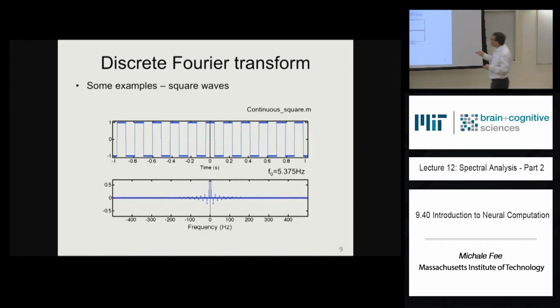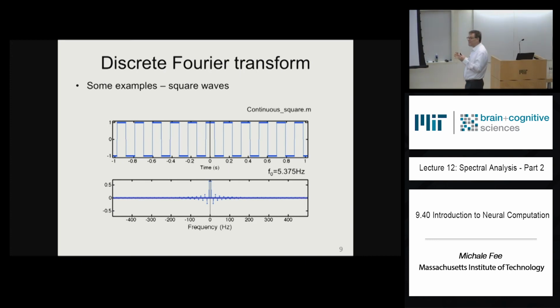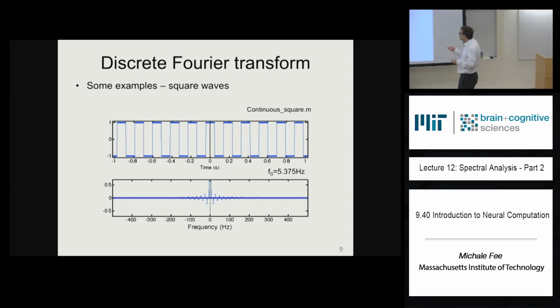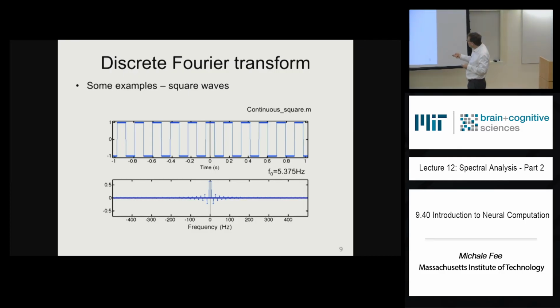All right. Now, I just want to show you one important thing about Fourier transforms. There's an interesting property about scaling in time and frequency. So if you have a signal like this that's periodic at about 5 hertz, and you look at the Fourier transform of that, you can see a series of peaks because it's a periodic signal.